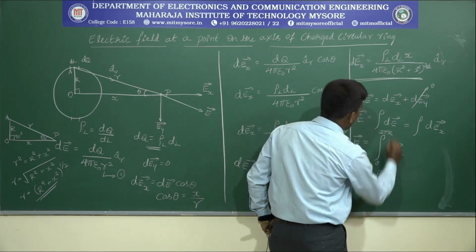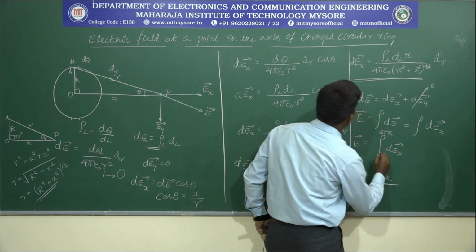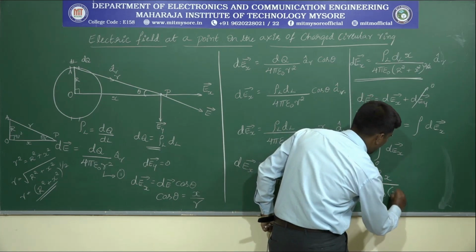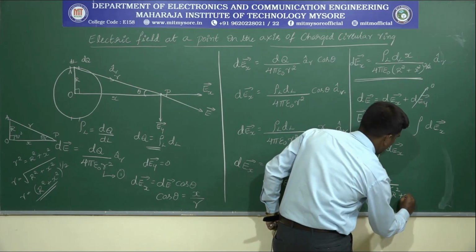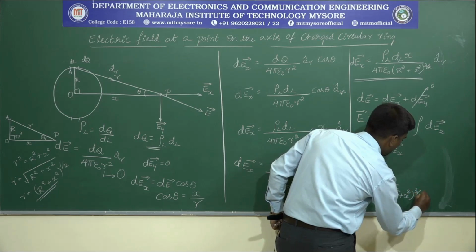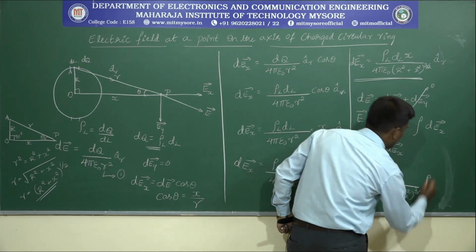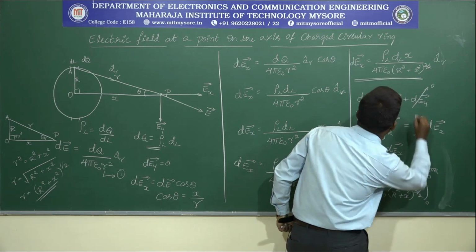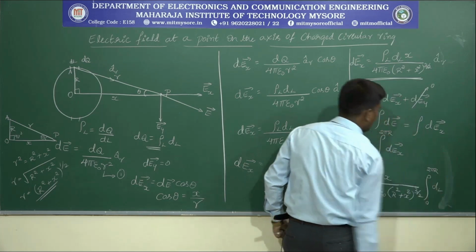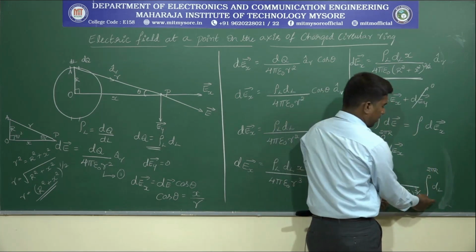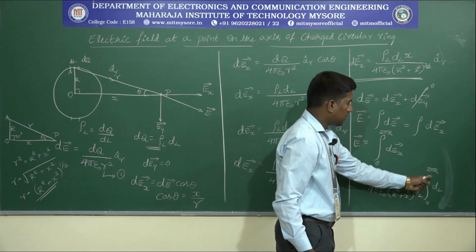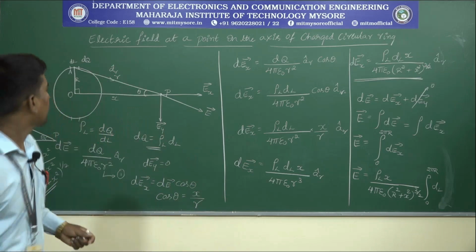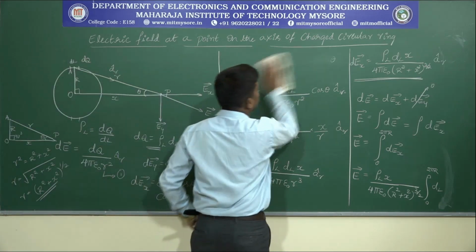Rho L is constant, x is constant, take it outside. 4 pi epsilon naught into (r square plus x square) whole power 3 by 2 is constant. We have taken it outside. Integration from 0 to 2 pi r of dL. So this is what we have got. We need to integrate this with respect to 2 pi r. Let me continue here.